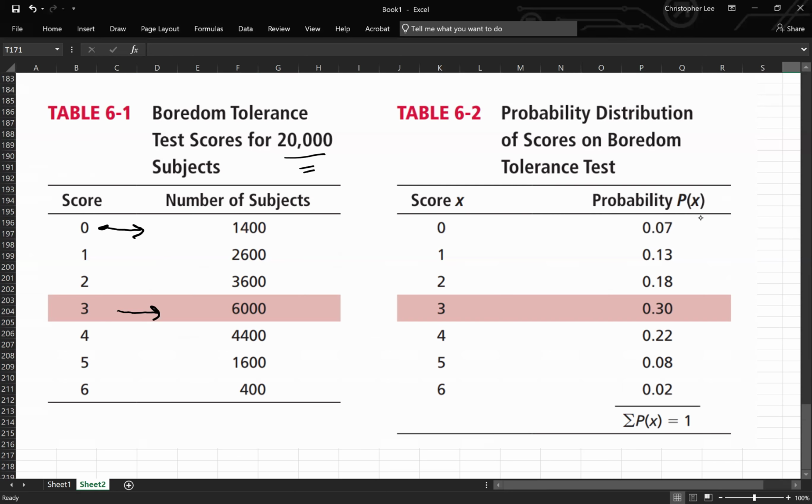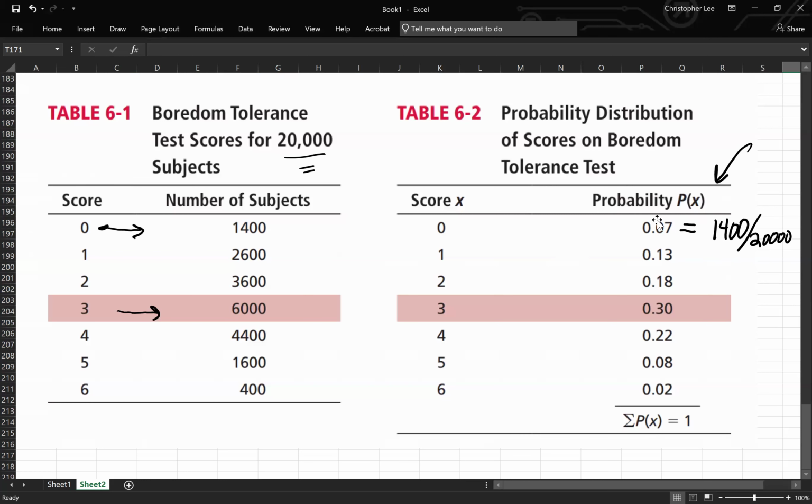The way that you get these probability P of X values in the second column is simply to take the number of subjects that gave that score, 0 for example, which is 1,400, and divide it by the 20,000.